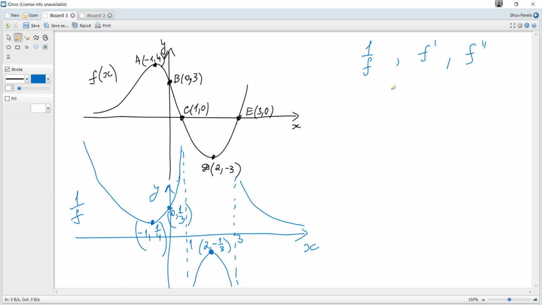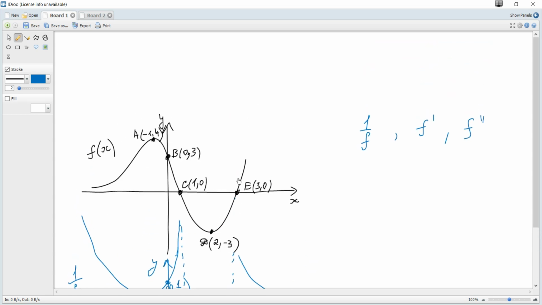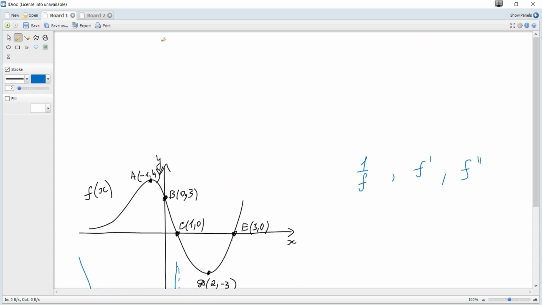And now let's consider how to plot a graph of the derivative, or actually sketch the graph. We can start with, or actually we can review the properties.